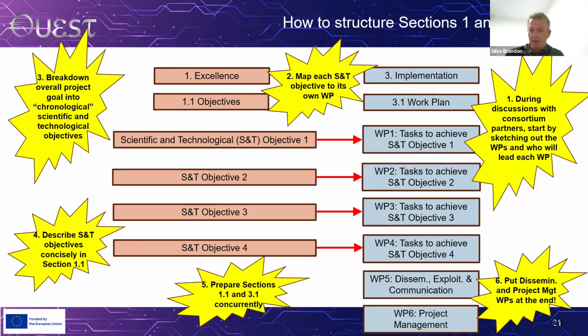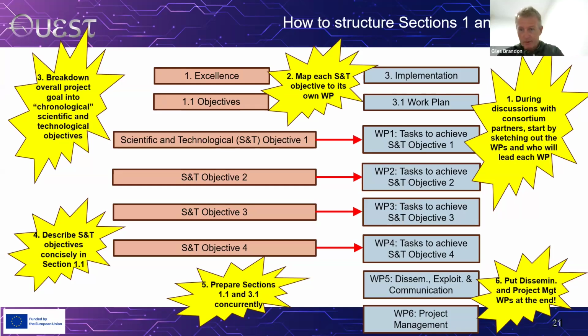The next step, when I'm actually helping them to prepare the proposal, is I create an action item list. And I say, okay, work package leader 1, please go away, prepare your work package. But in parallel, I want you to write half a page to a page on the objectives behind that work package. In other words, I want you to prepare the text and the figures for objective 1.